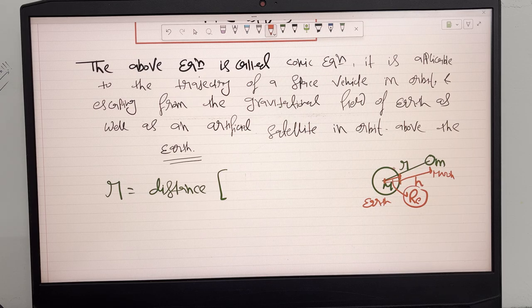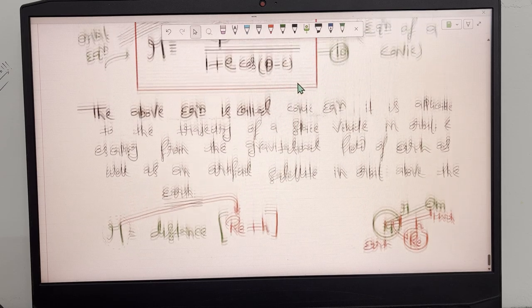This will be given in the question. So whenever you write the r, you must see whether the radius of the Earth is given or height is given or not. If the height is given, you have to add Re plus h. If height is not given, then you write r is equal to Re only, right? Radius of the Earth. Fine.